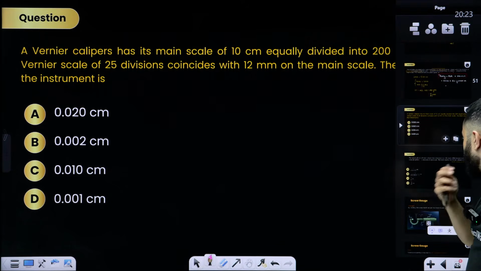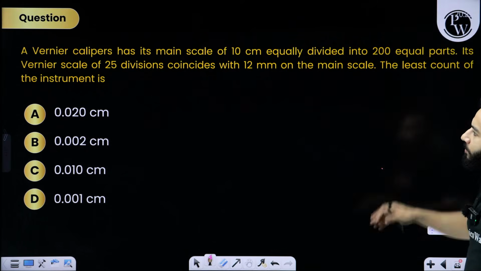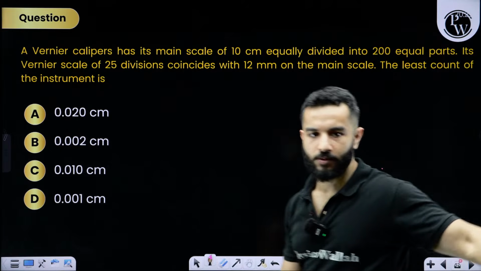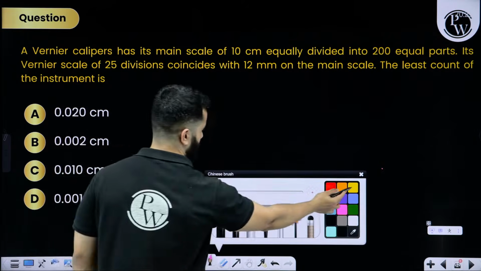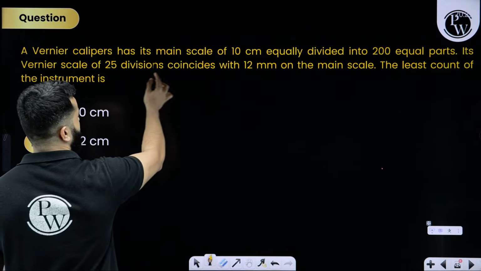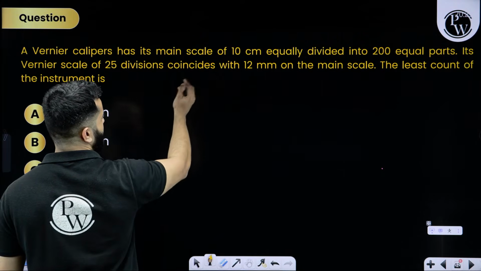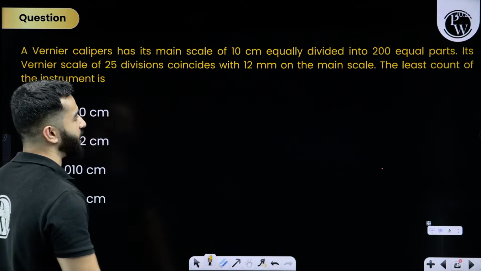By the way, solve this question quickly. Be quick. Find the answer for this one. A vernier caliper has a main scale of 10 centimeter equally divided into 200 equal parts.